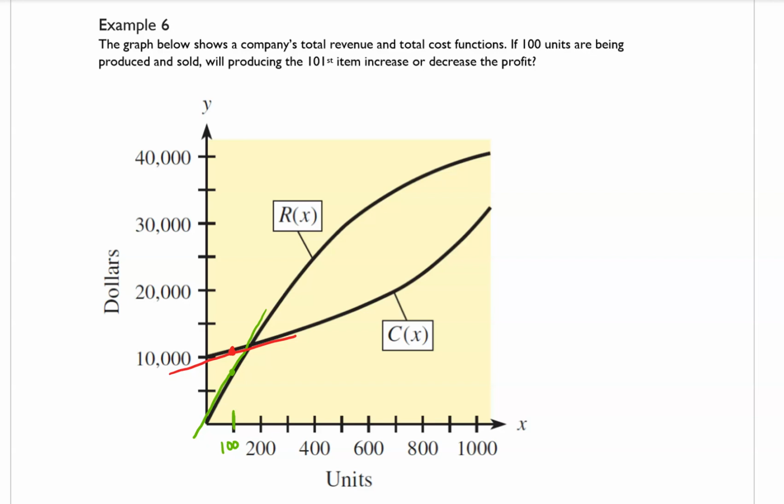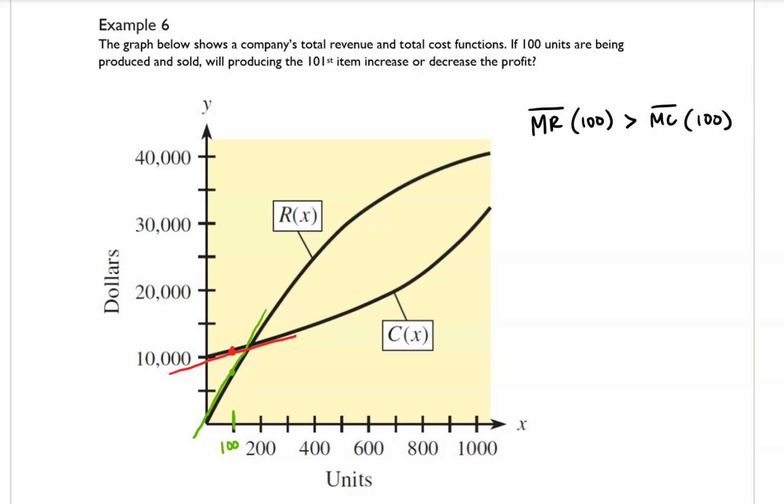If you said that the revenue function has the steeper slope when x equals 100, you would be correct. So what that means is the marginal revenue function evaluated at 100 is steeper, or that numeric value is going to be greater than the marginal cost function at 100.